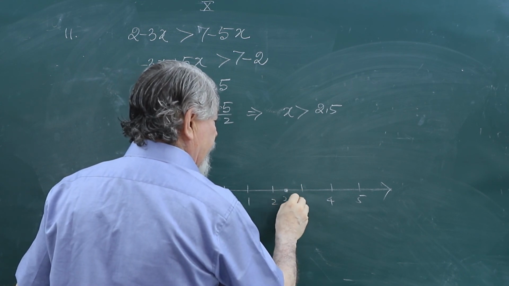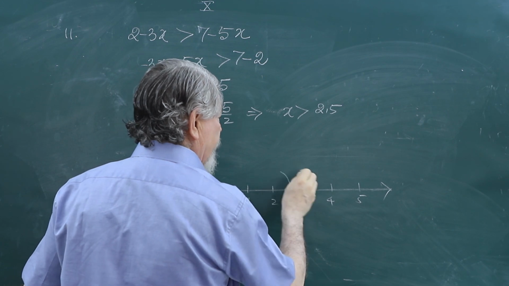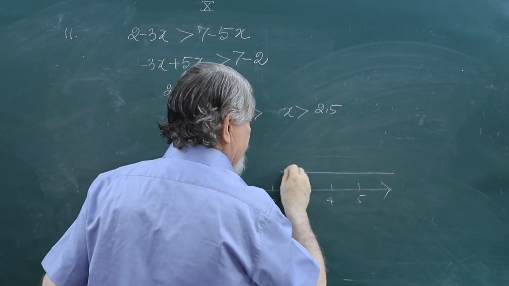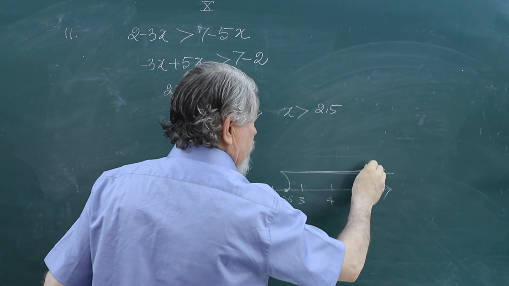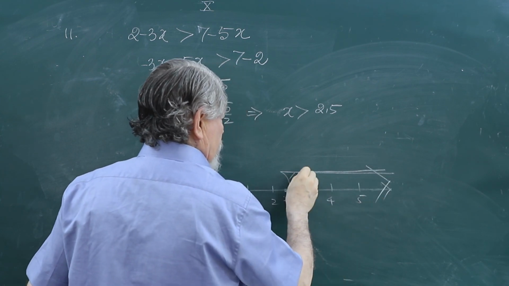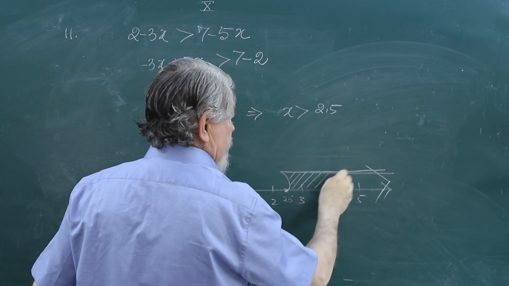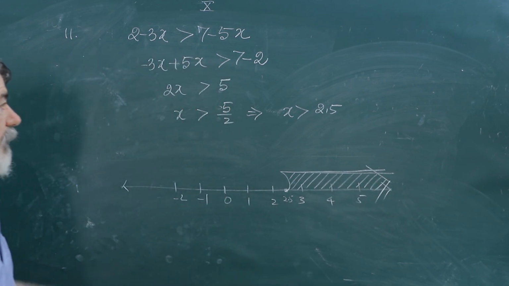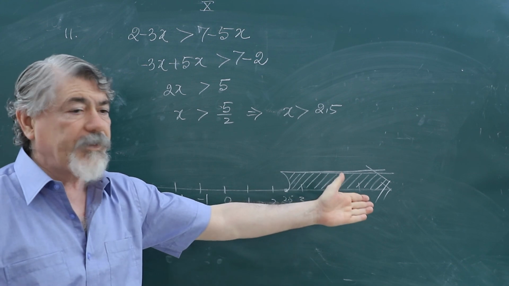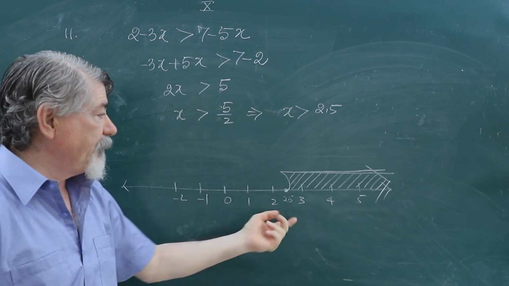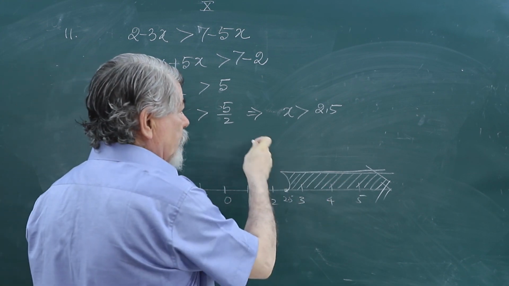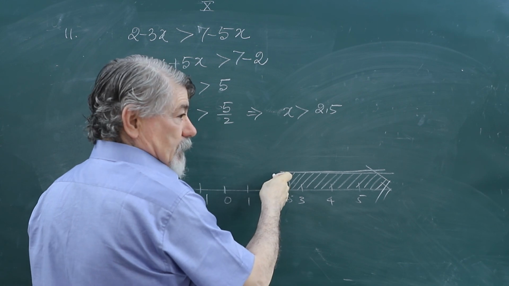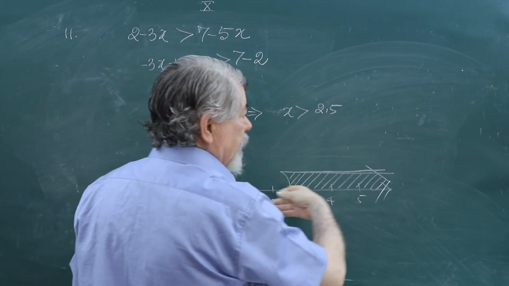This is 2.5, and greater than 2.5 will be to this side. This is the indication of this inequation. x is greater than 2.5. I marked the point 2.5 and it is not equal to, that is why there is no perpendicular here.